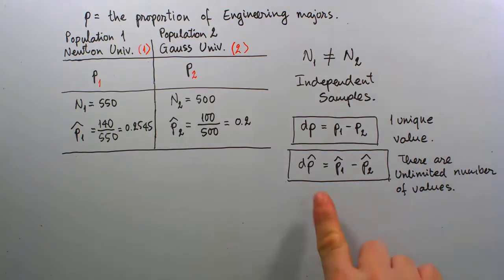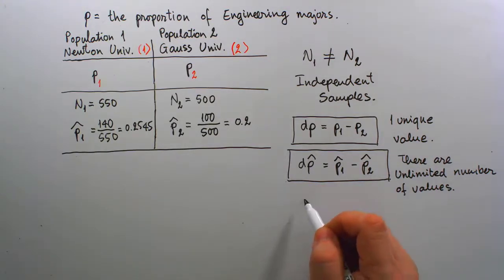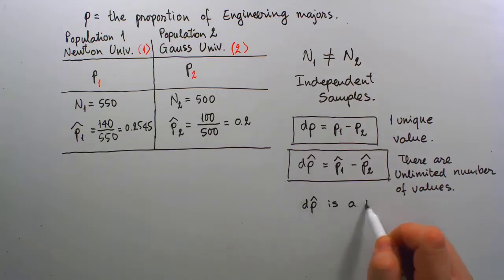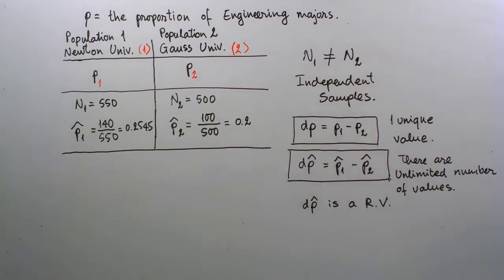That's the reason why we can think of this dP hat as a random variable. It's a continuous random variable. RV stands for random variable.